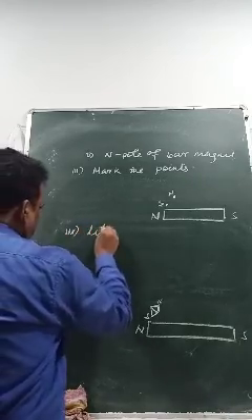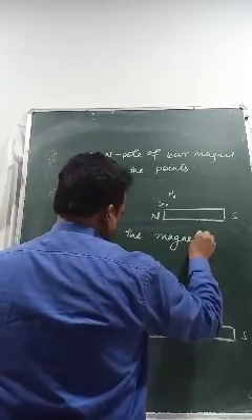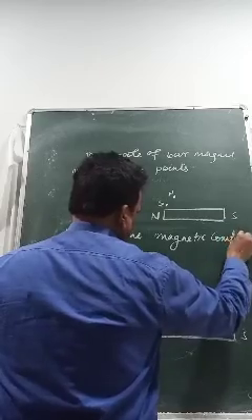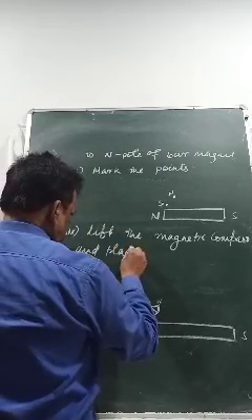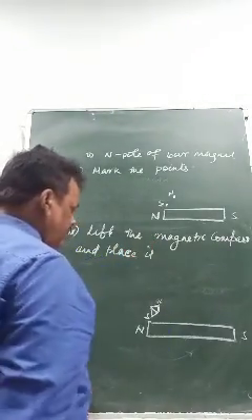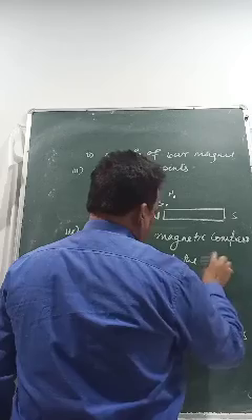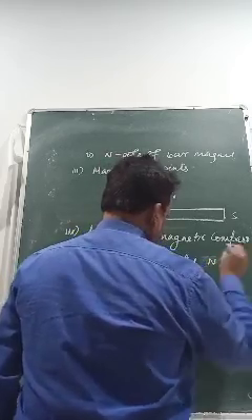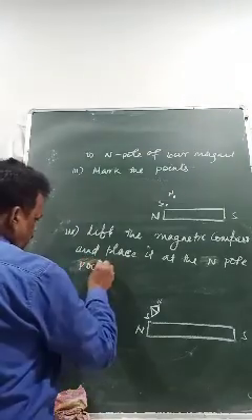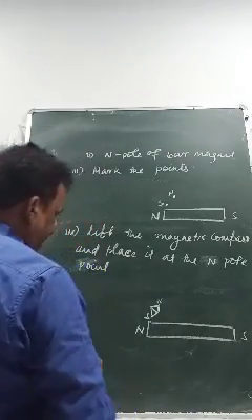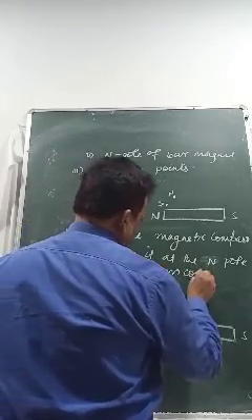Lift the magnetic compass and place it at the north pole point of the previous compass.